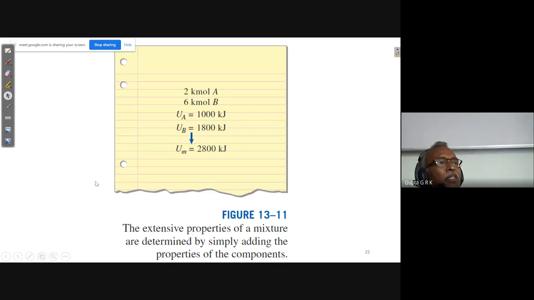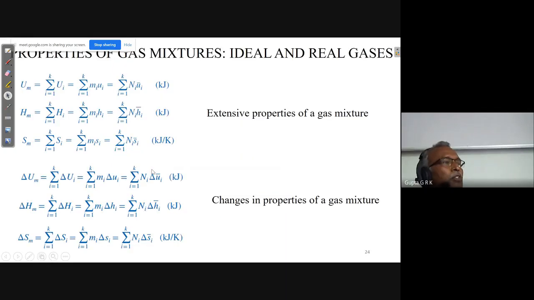Similarly, if I want to find the change in the internal energy of the mixture, and I know delta UA and delta UB, delta UM will be the sum of these two. That's what is shown here: delta UM is sigma delta UI, delta HM is sigma delta HI, like that. So this is the total extensive property. Total extensive property is nothing but mass into specific property, or number of moles into specific molar property.